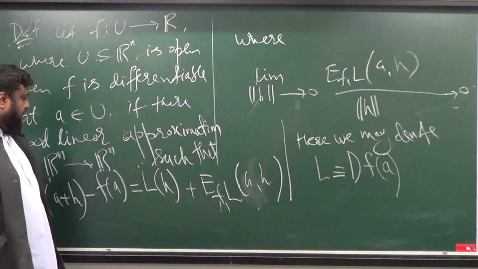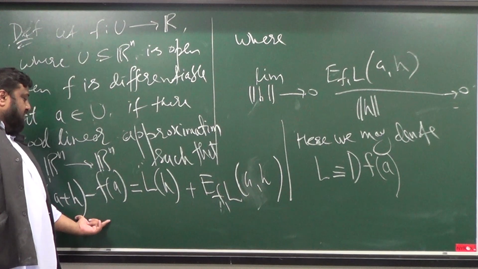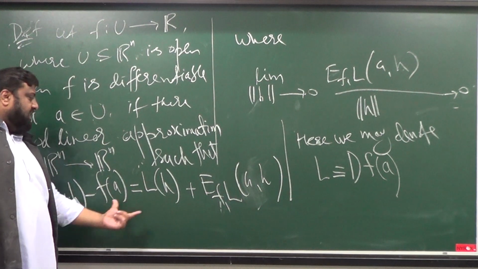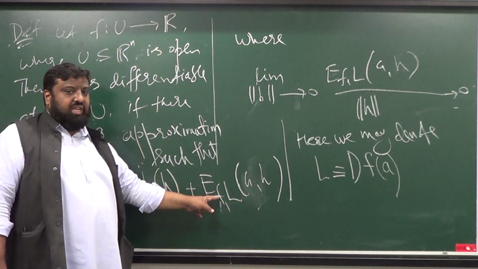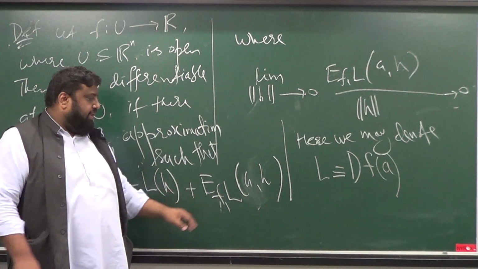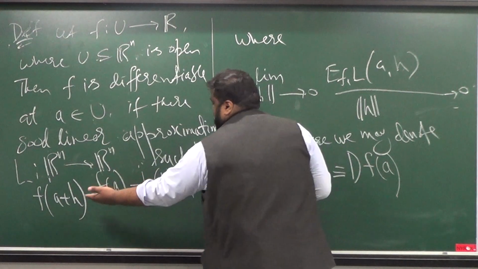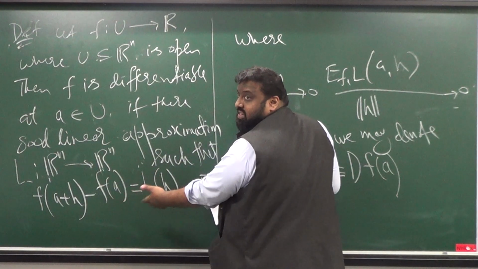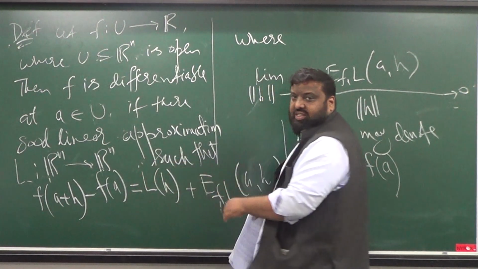In other words, the increments of f can be approximated by something linear plus the error. So if I remove the error, then this increment is approximately linear. But if I add the error to it, then you have equality.